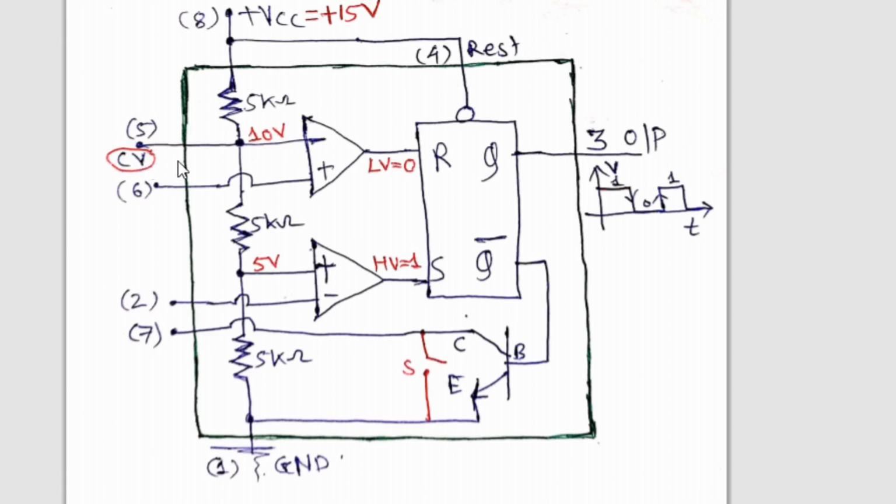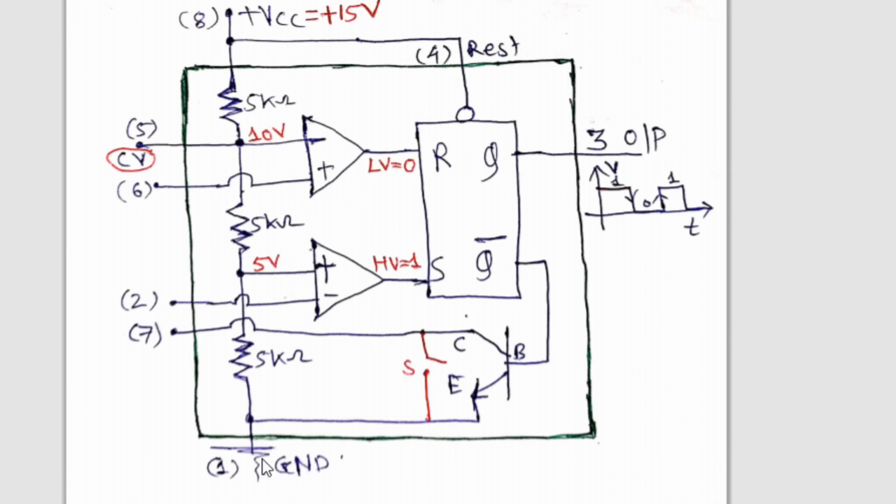Below pin number 5, write pin number 6, which is the lower terminal of the upper comparator. Like that, these two blocks are interconnected, that is the block of the potential divider circuit and the block of comparators. So this is well interconnected and the pins are taken out.